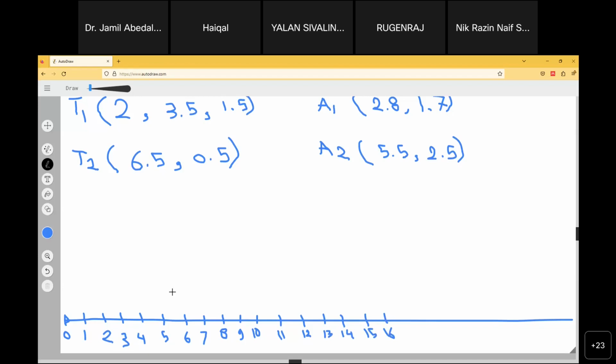Okay, so the first step, we will indicate each task from the periodic with a different color.